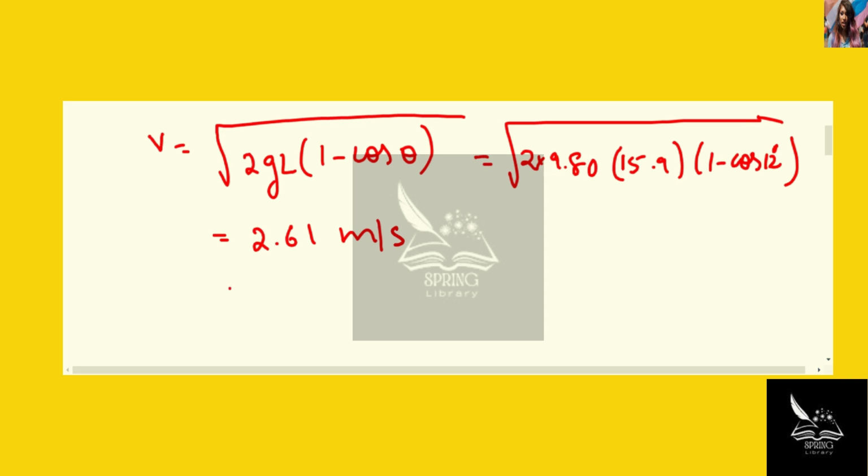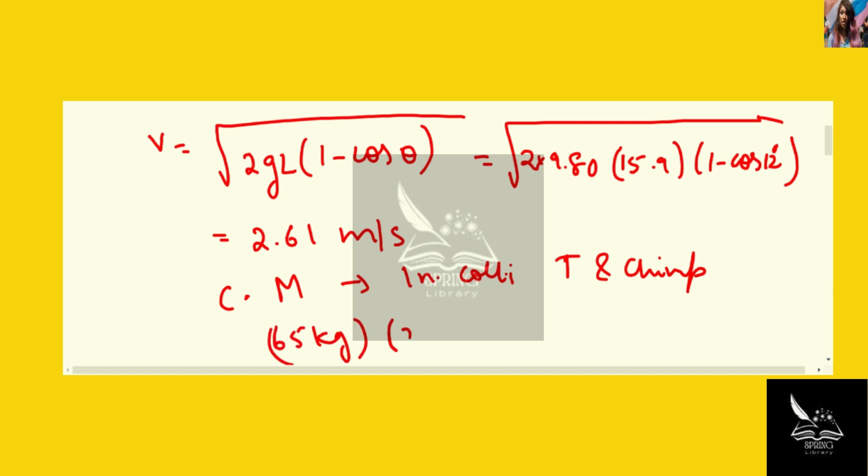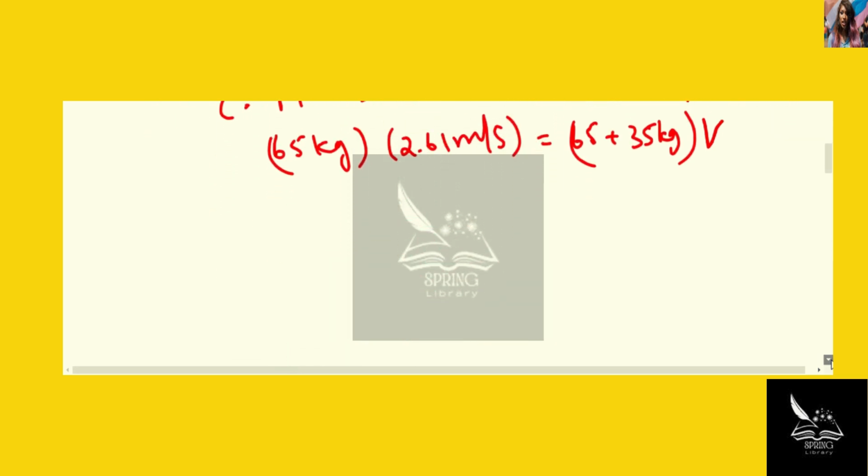Now, when we apply the conservation of momentum to the inelastic collision between the Tarzan and the chimp, we get 65 kg into 2.61 meter per second equals 65 plus 35 kg into capital V, which gives, after we calculate it, capital V to be 1.70 meter per second.